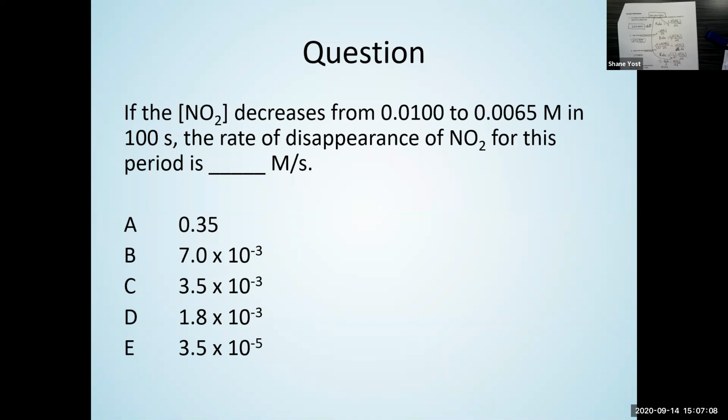So you could have just started off with 0.01 minus 0.0065, and that's fine, because in the end, you want a positive number for rate of disappearance. It's always defined as a positive number. So it's 0.0035 divided by 100, which gives you E.